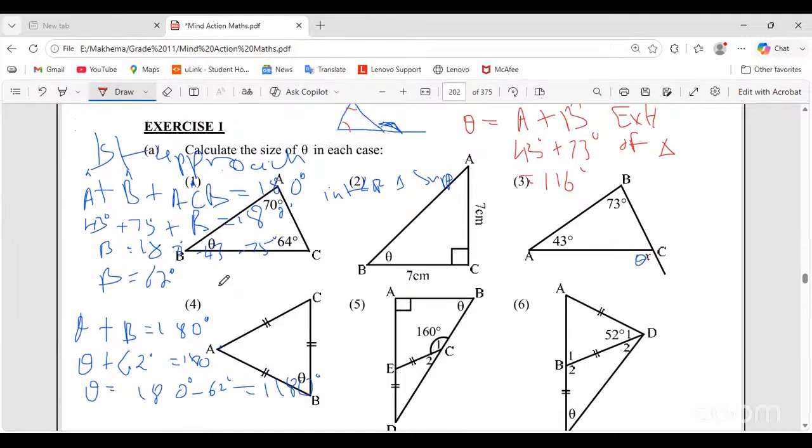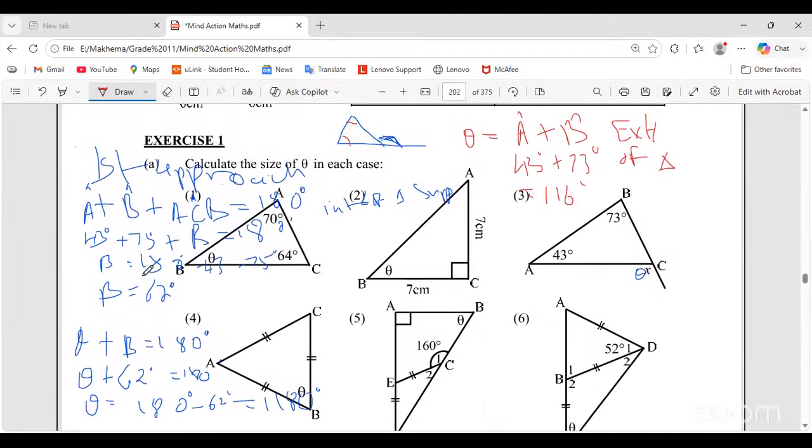Let's go back to this question and see maybe where we did something wrong here. Now here we had 73 and 43. Let's say 180 minus 73 minus 43. Oh yes, here it is. This was supposed to be 64 degrees.